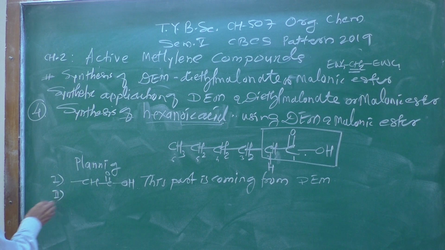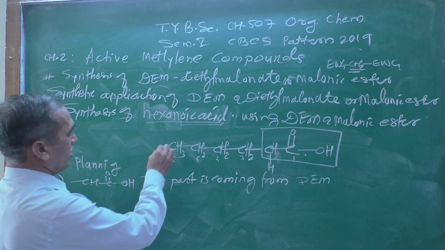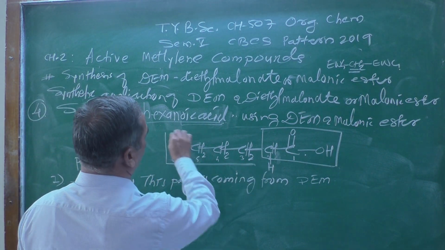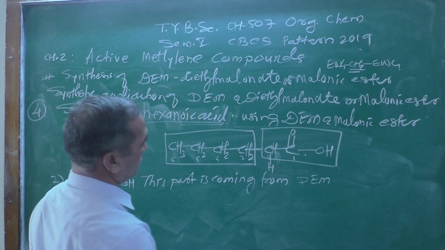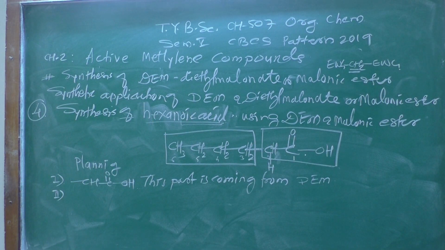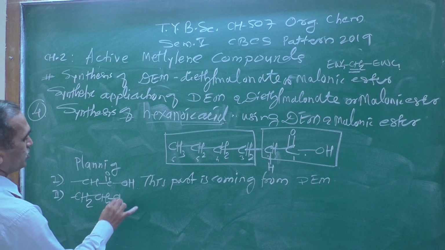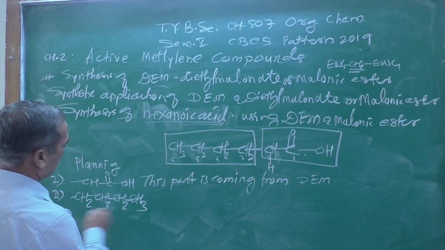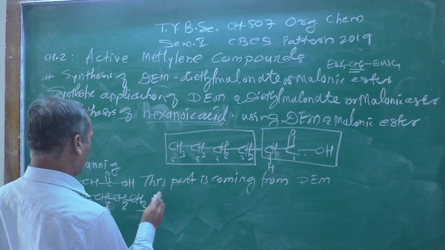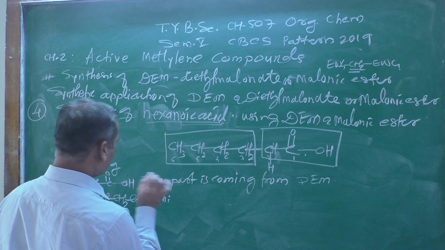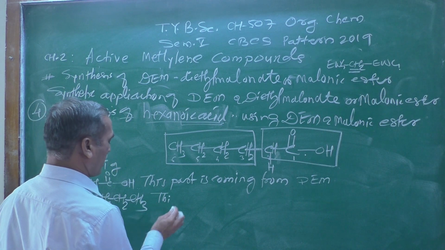Second point which I am mentioning here, I am again highlighting this part, see here, and now this part is coming from what? This CH2, then CH2, CH2 and CH3. This part is coming from this butyl part, the n-butyl part.